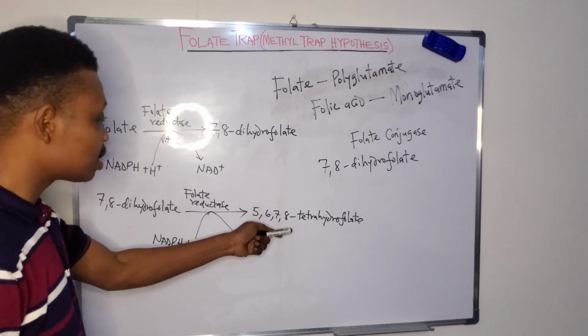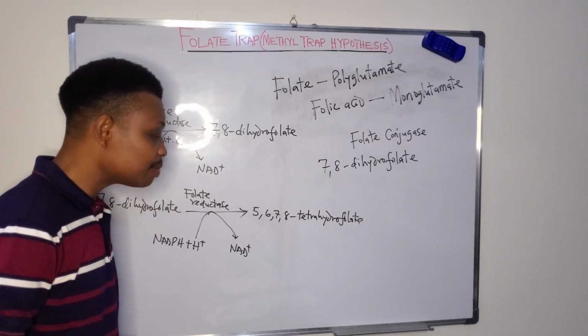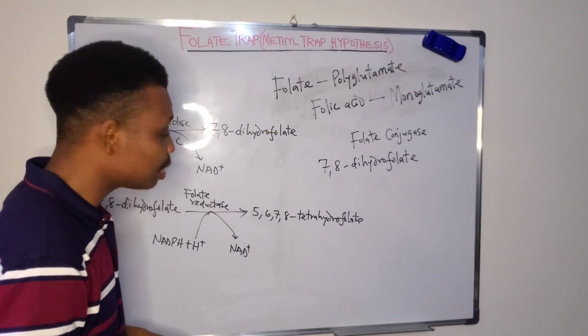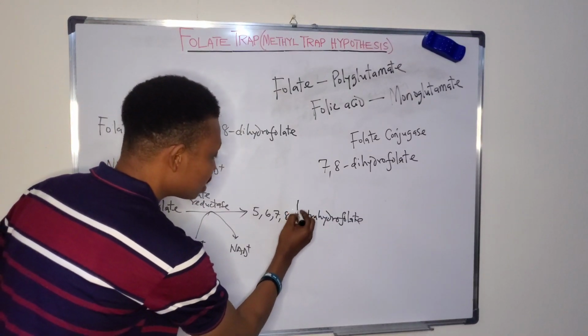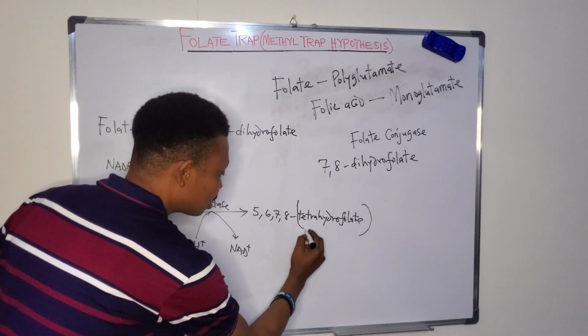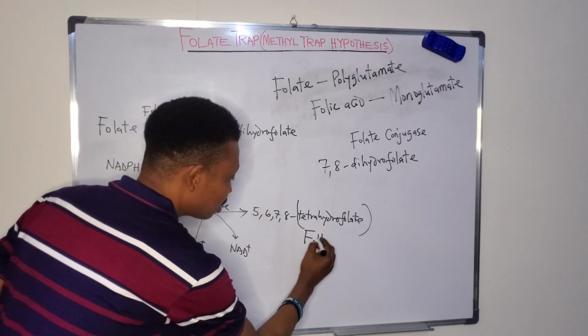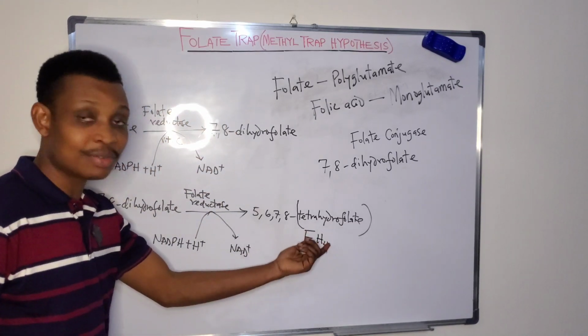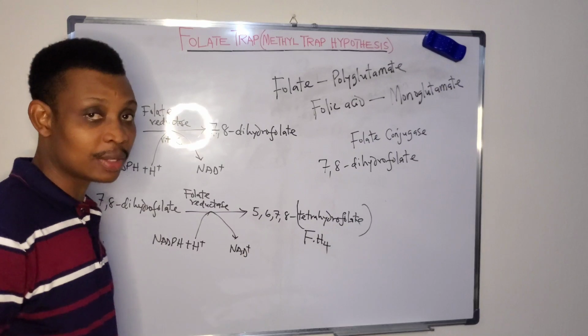Now, this 5,6,7,8 tetrahydrofolate, we can simply call it tetrahydrofolate, and we can write it in this format: tetrahydrofolate.